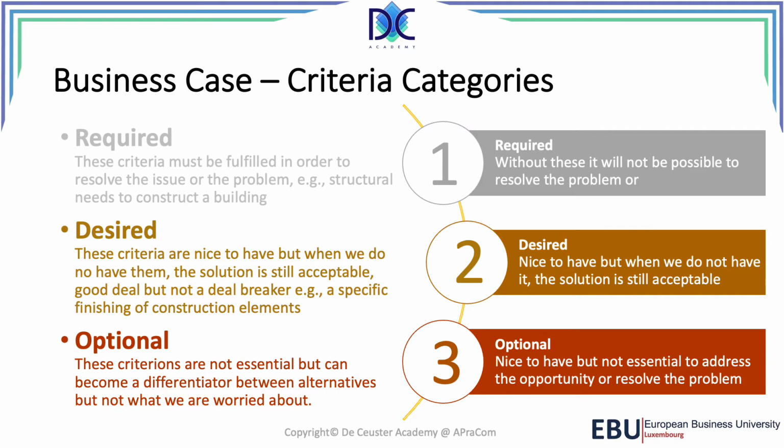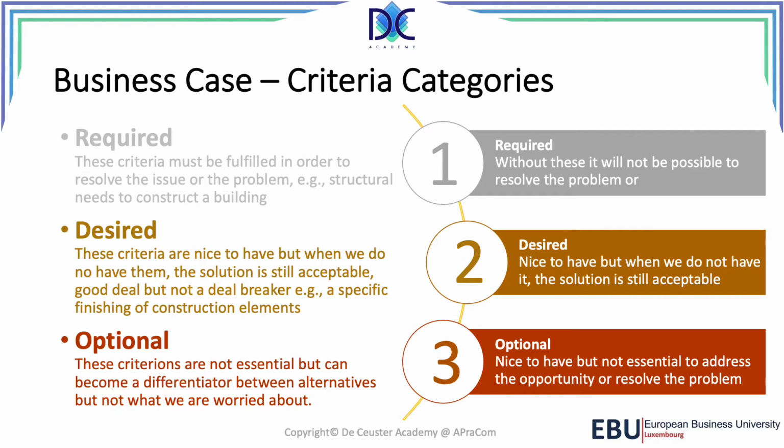So we have to identify these different criteria. And basically, to have a successful project, we have to have all those elements that are required. That's the basis. If you have some desired elements that can be included, it will be nice because it will give more value. The customer will be happier, but it's not necessary to succeed with the project.